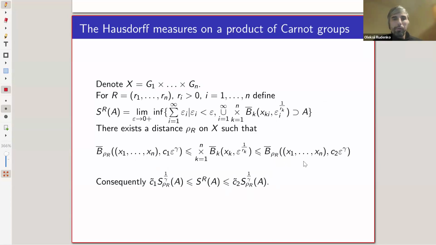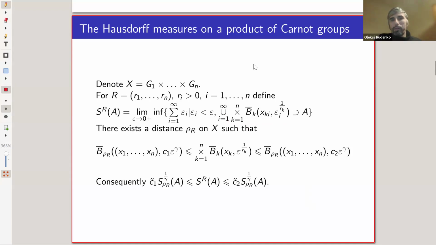Now I want to define a special Hausdorff measure, although as you will see, it is not too different from the previous slide. Instead of using balls, I use products of balls, and instead of using the same radius, I use different powers of the radius. So they have different proportions.